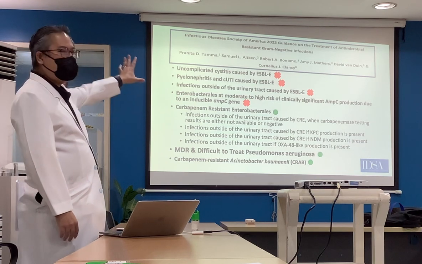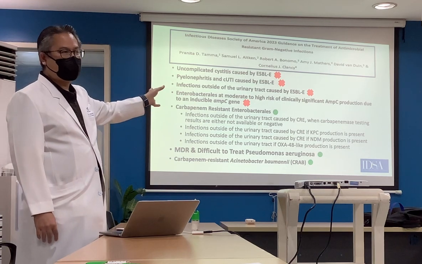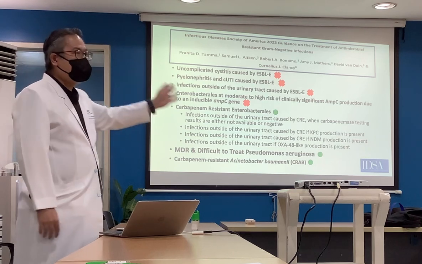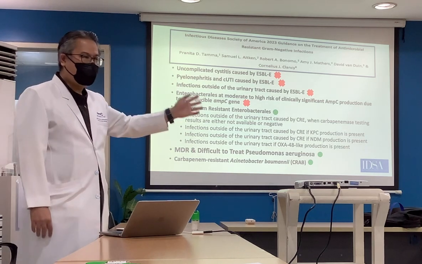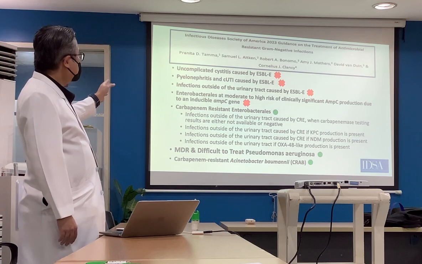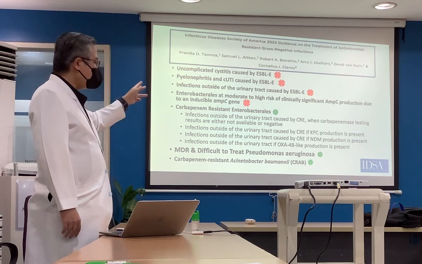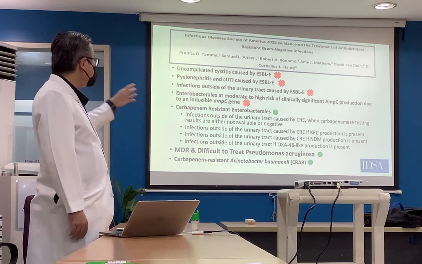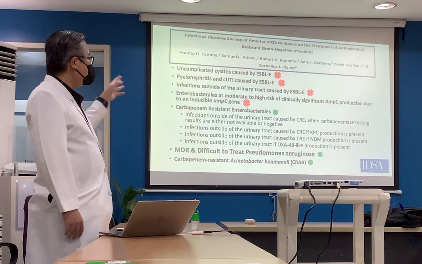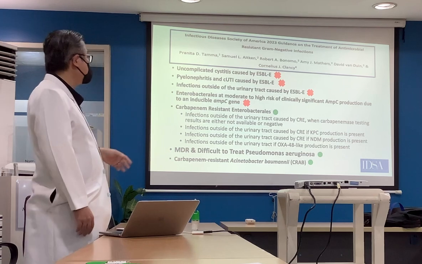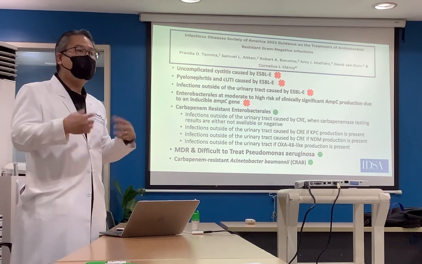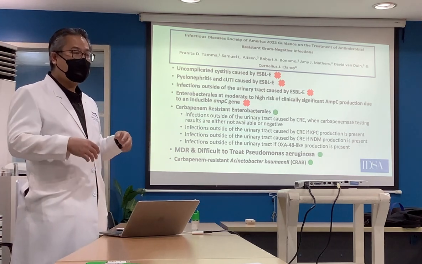And this is in general the big picture. So, in-next ko na yung mga hindi siya kasama, yung colistin and Aztreonam. So, for uncomplicated cystitis by ESBLs, pyelonephritis, complicated UTIs, ESBLs, infections outside the urinary tract by ESBLs. So, in general, for ESBLs, hindi siya yung ating dapat ginagamit.